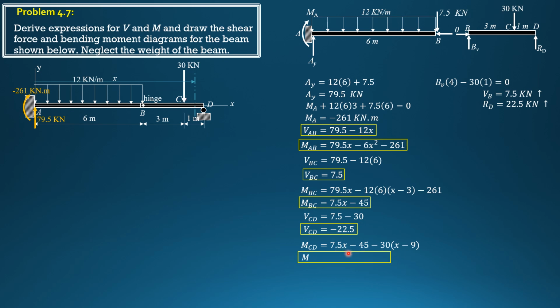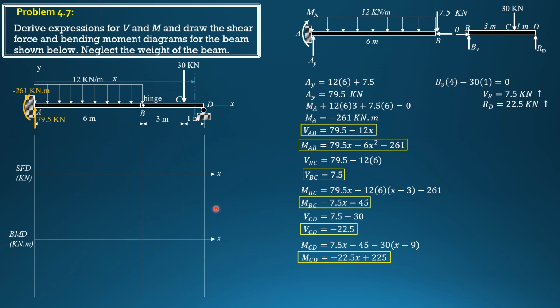Simplifying, 7.5 minus 30x is negative 22.5x, then negative 45 plus negative 30 times negative 9, or plus 30 plus 270, is 225. So that's the equation in section CD. So we are now ready to sketch the shear force diagram and the bending moment diagram.